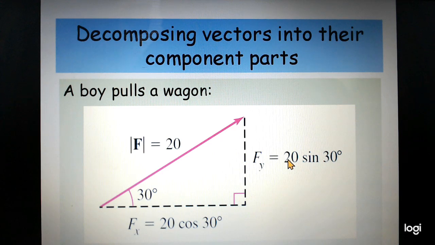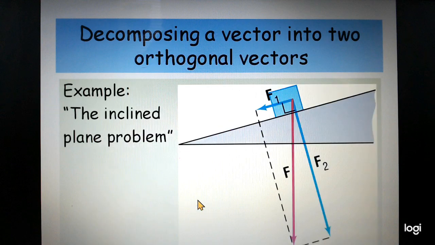Sine of 30 is a half, so 10 pounds is directed vertically, and radical 3 over 2 gives 10 radical 3 pounds directed horizontally. So these are the vertical and horizontal components of his force. Same type of thing with the inclined plane type of problem that we've done in the past.